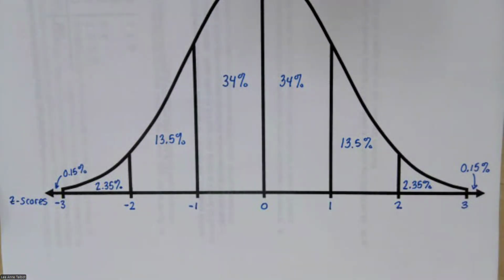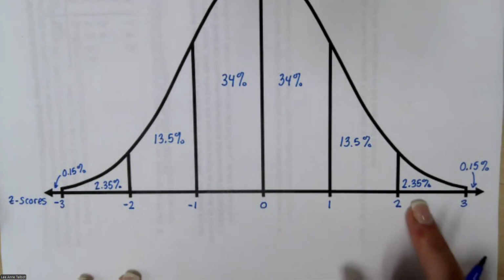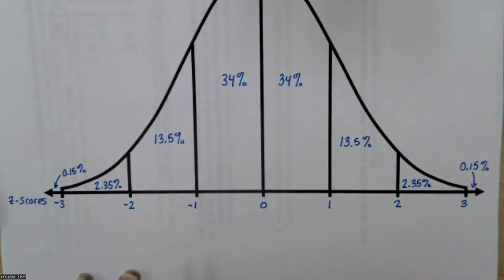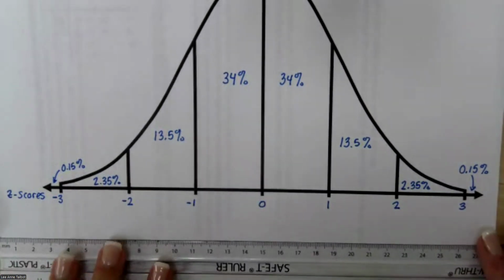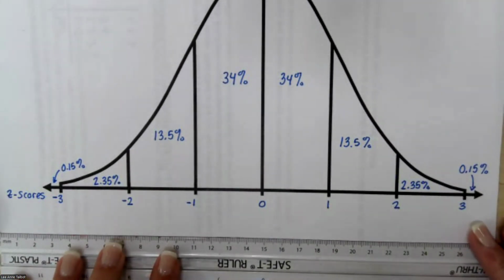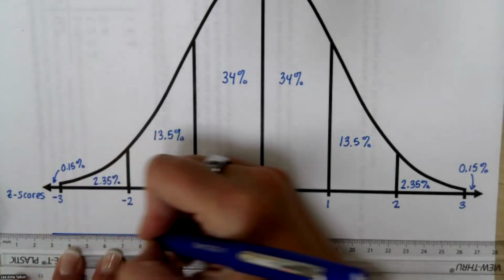A reminder, the z-score definition is how many standard deviations away from the mean. So how many of these sections away from the mean. And the last thing we're going to do, if you don't have a straight edge, you might want to grab one, is we're going to label in the approximate percentiles, and then we're going to color it.